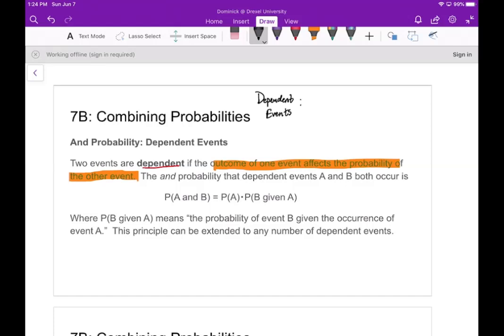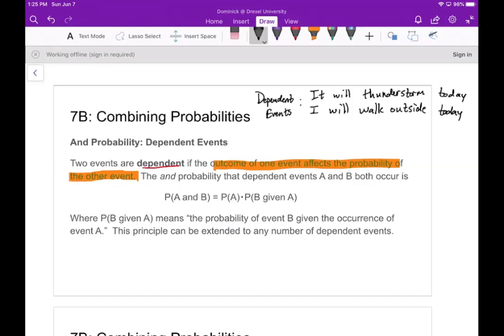We might say that one event is it will thunderstorm today, and another event is I will walk outside today. Well, if it thunderstorms outside, you may not end up walking outside today. So the fact that a thunderstorm today affects whether you will walk outside today makes these events dependent.